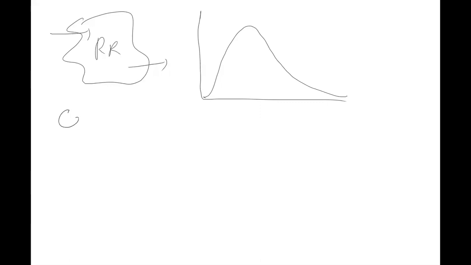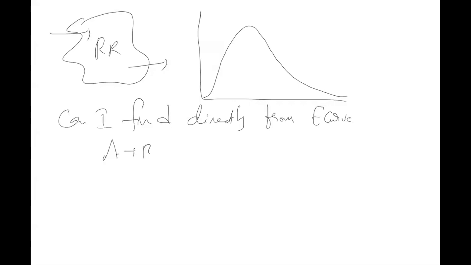Instead, can I find it directly from the E curve? Let's say I'm talking about A gives P, with 0.1 Ca as my kinetics. What does this E curve indicate?